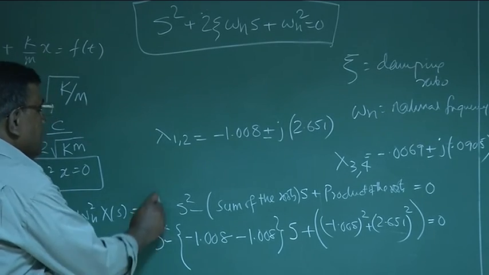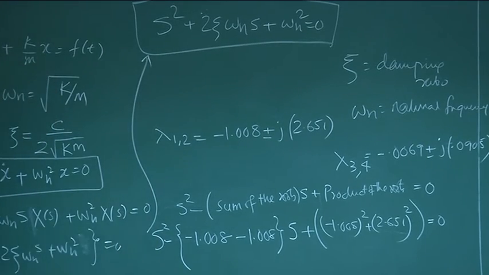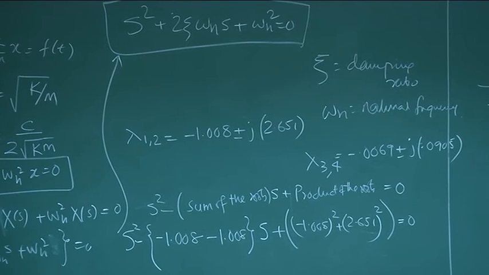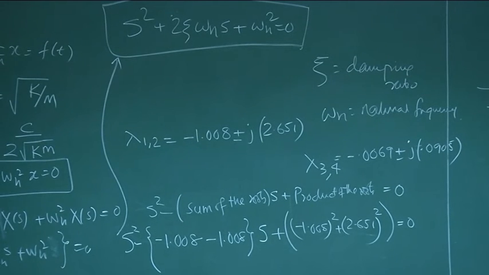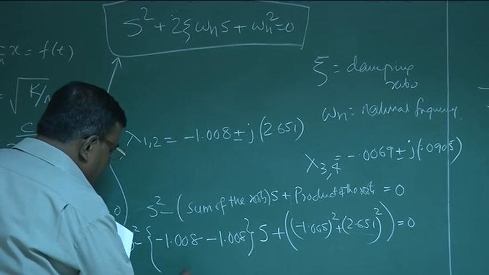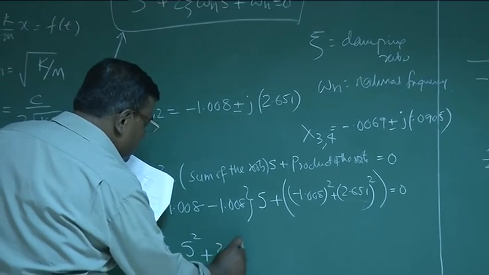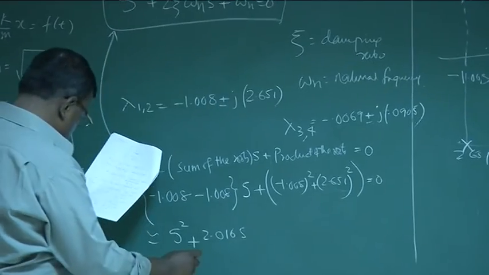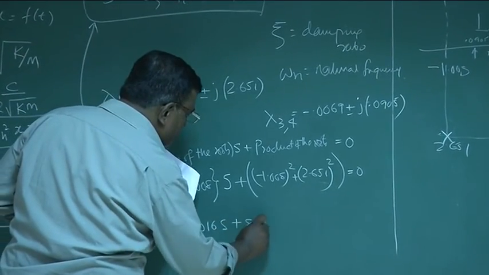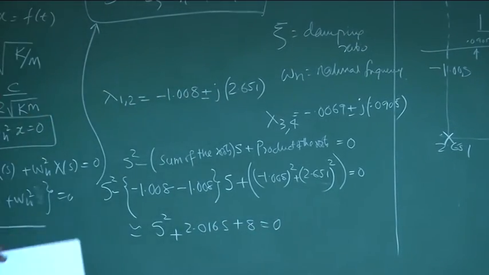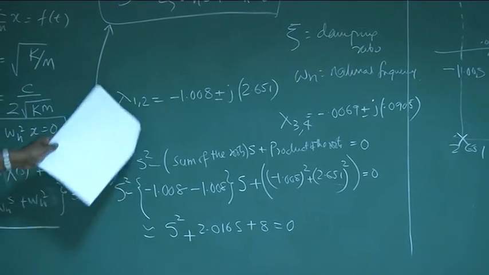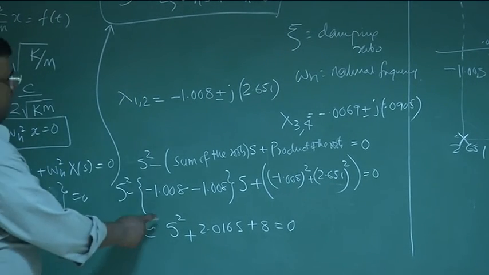Now you compare this with this to get zeta and omega n. If I do a rough calculation, I can write this as approximately s square plus 2.016 s plus roughly 8 equal to 0. The moment I get this equation from these two roots, I will compare this with this.